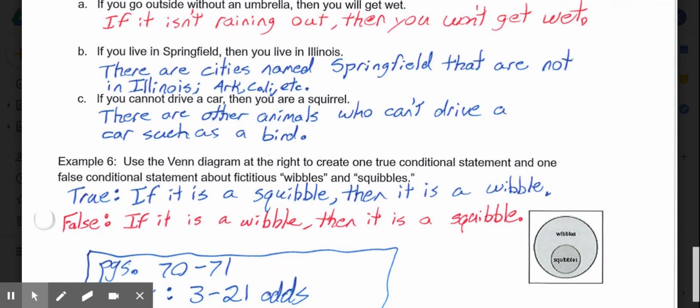So in B, if you live in Springfield, then you live in Illinois. Well, we could live in Springfield, but there are many other states that have cities called Springfield. So our counterexample: there are cities named Springfield that are not in Illinois. Or we could say, you could live in Springfield, but not have to live in Springfield, Illinois.